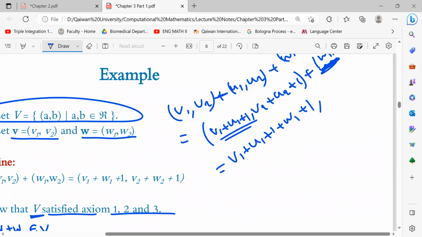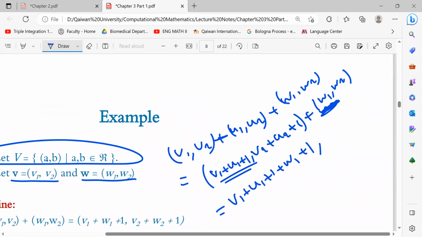Now, this is the first component. The second component is what? It is V2 plus U2 plus 1. What's the second component here? W2, then plus 1.